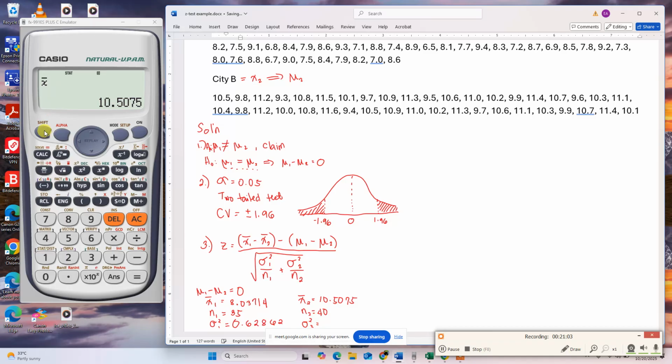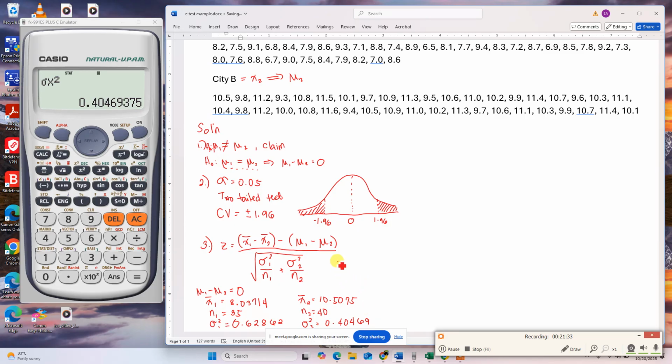And then how about the variance? That is 0.40469. Okay. So we have now our values.